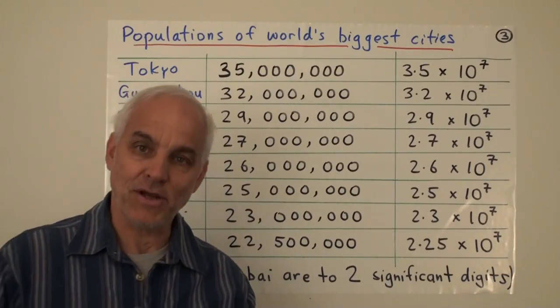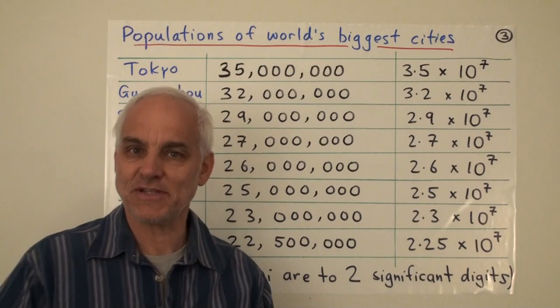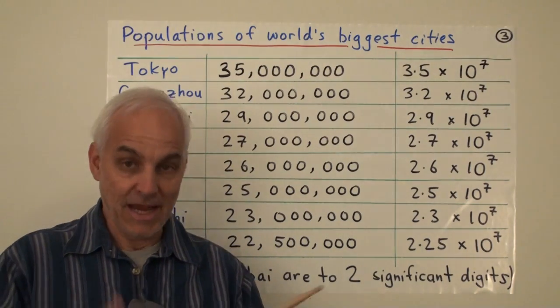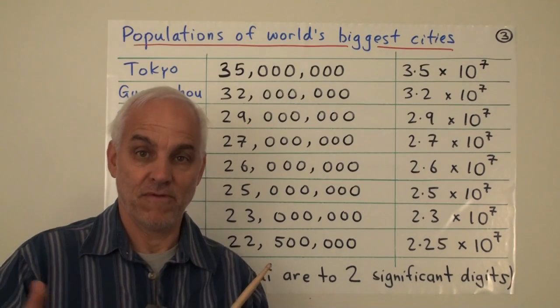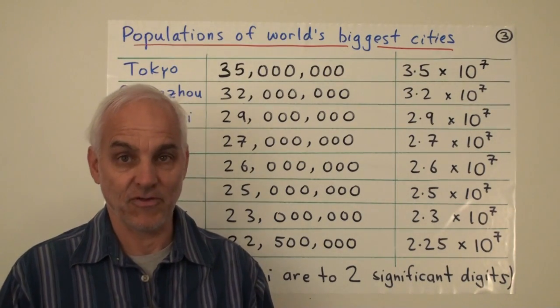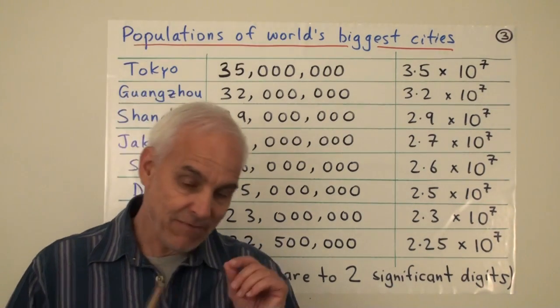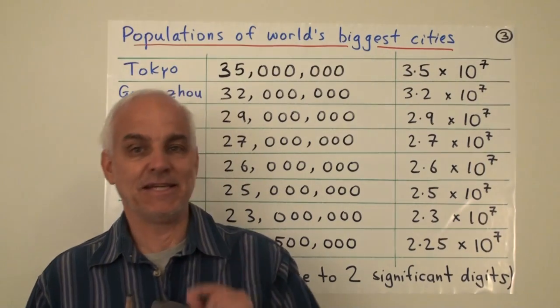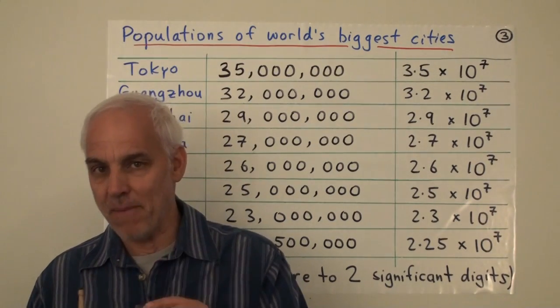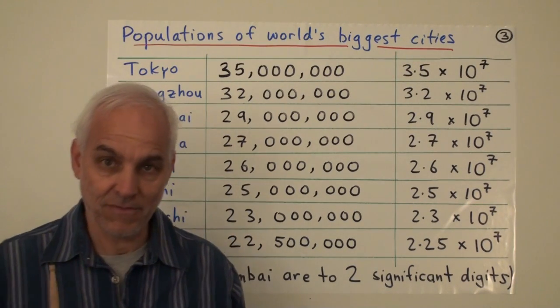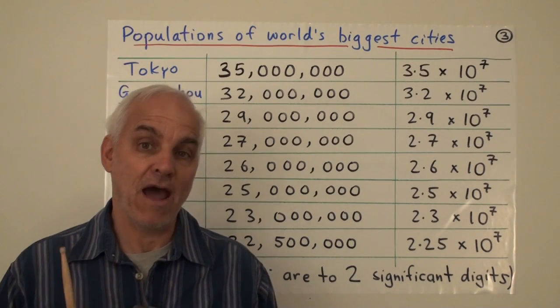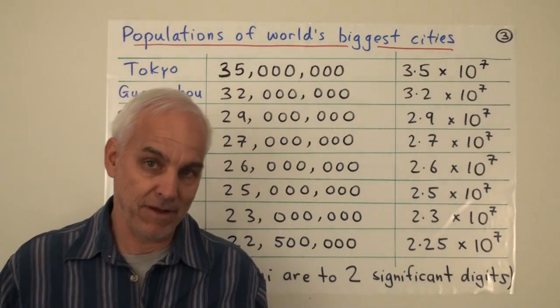So one of the things that we want to do with this discussion of scientific notation is get you more comfortable and familiar with working with very big numbers and also very small numbers. Now let's have a look at some other cities in the world and their populations. So I've told you that Sydney, where I live, has 4.5 million people, roughly.